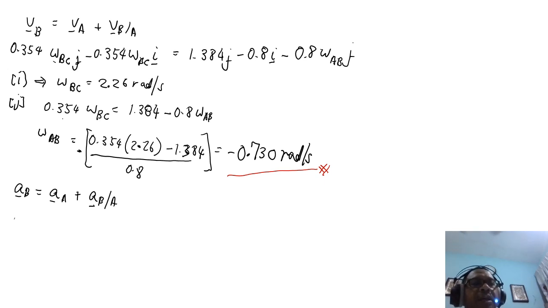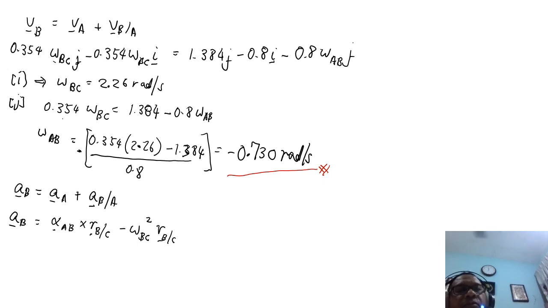So AB is, because it's rotating about the C axis, alpha BC cross position vector B relative to C. And then minus omega BC square, not omega AB square, omega BC square, and then position vector B relative to C.